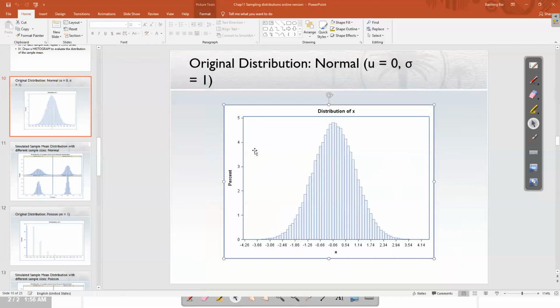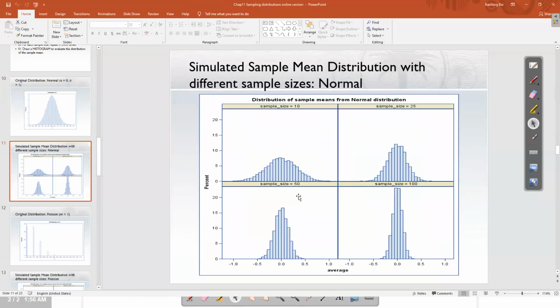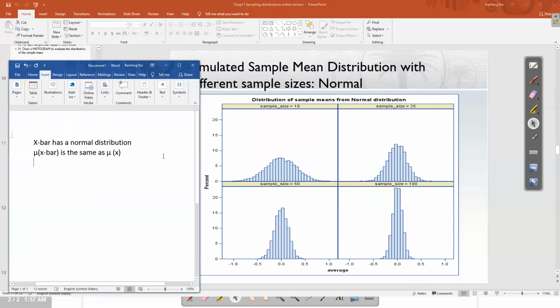And the next thing we can look at is, what about the standard deviation of X bar? At least when you compare the different sample sizes, when sample size changes from 10 to 25 to 50 to 100, what happens to the standard deviation of X bar, the spread of X bar? The spread of X bar will decrease when sample size increases, right?